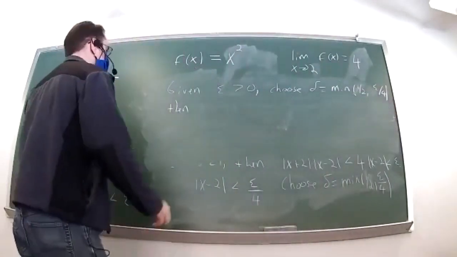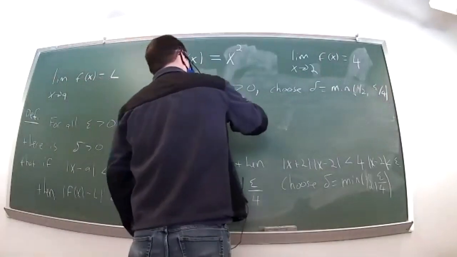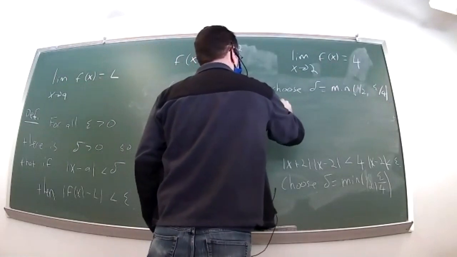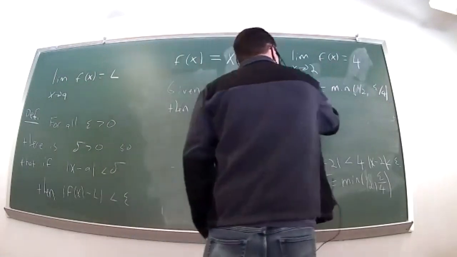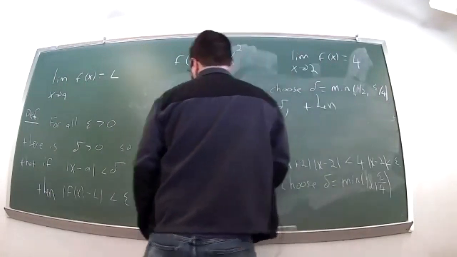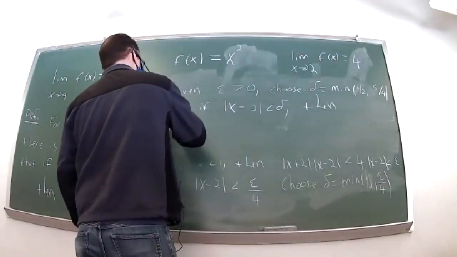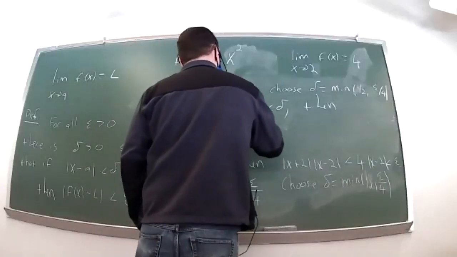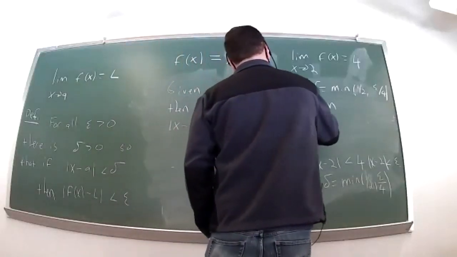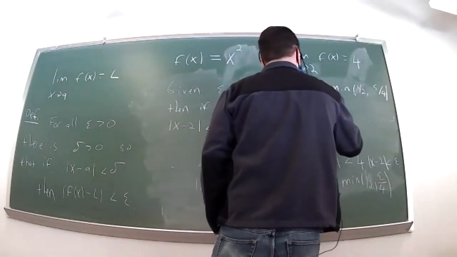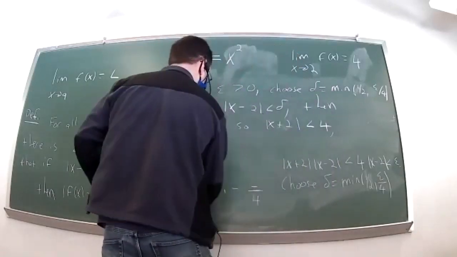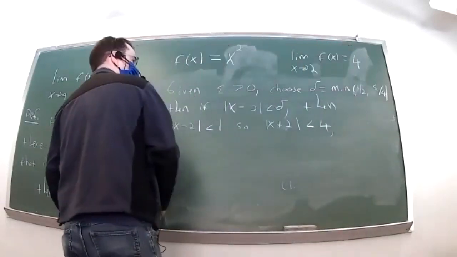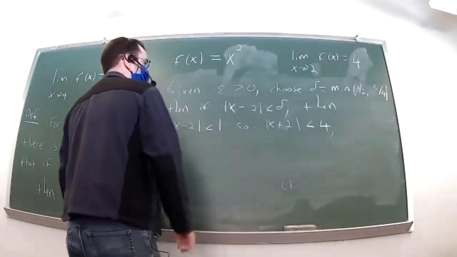So what you say is that if |x minus 2| is less than delta, then |x minus 2| is less than 1, so |x plus 2| is less than 4 in absolute value, which we worked out before. And then you just go through your argument.